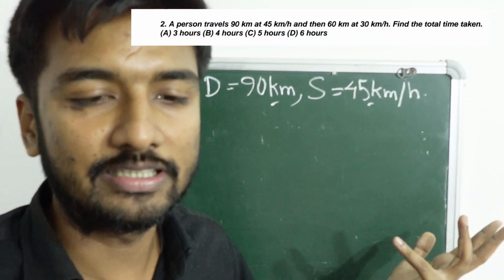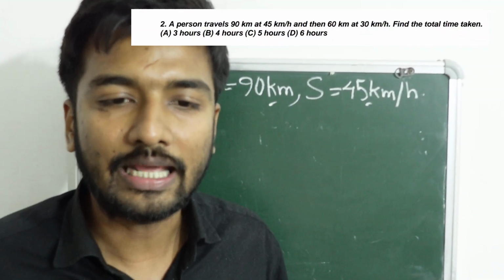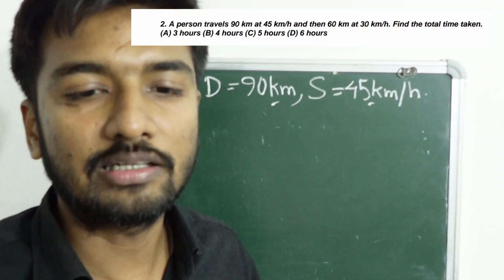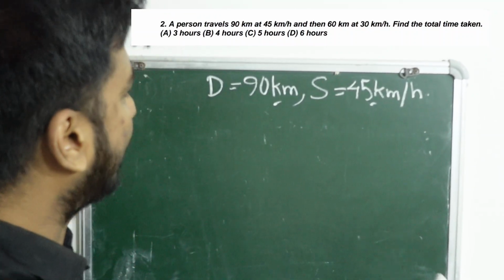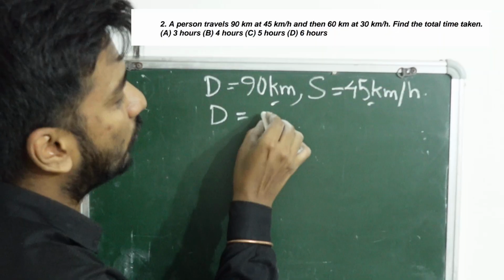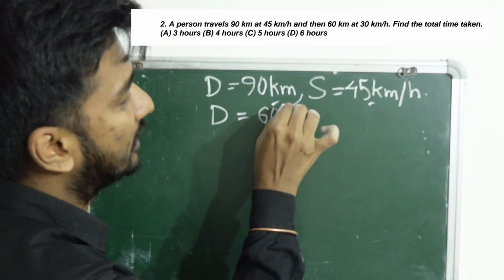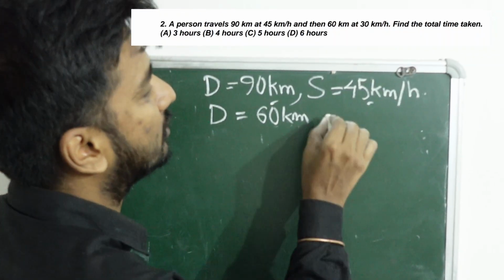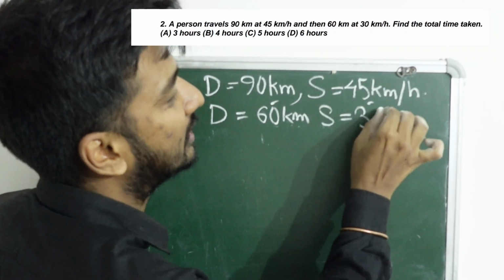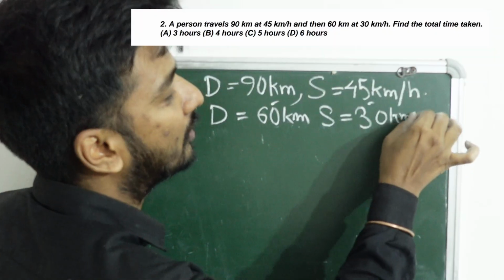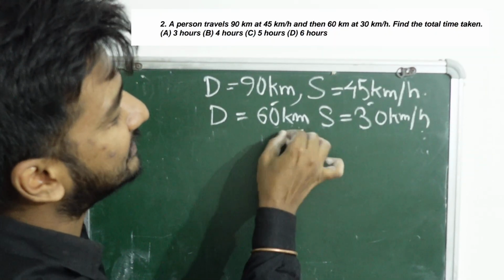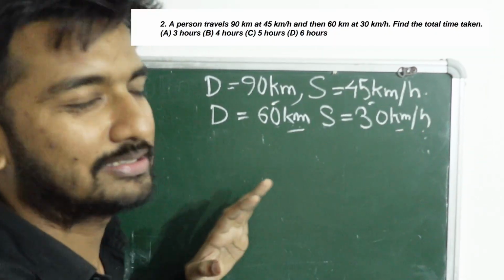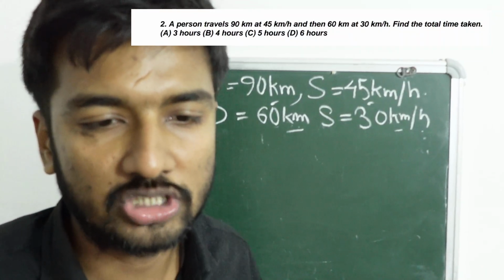It is already given in the standard unit. Now then 60 kilometers at 30 kilometers per hour. Again the distance is given. Distance equals 60 kilometers, and again speed is given, 30 kilometers per hour. So you have to check again, 30 kilometers per hour. It's standard form. You don't have to change.